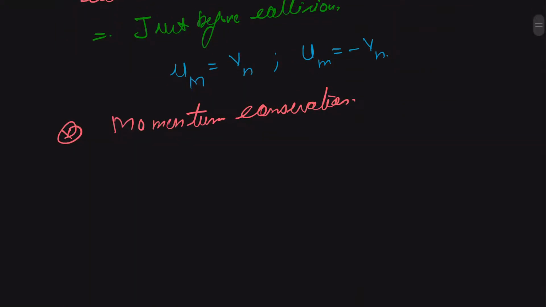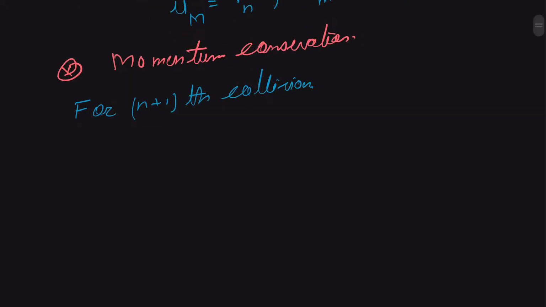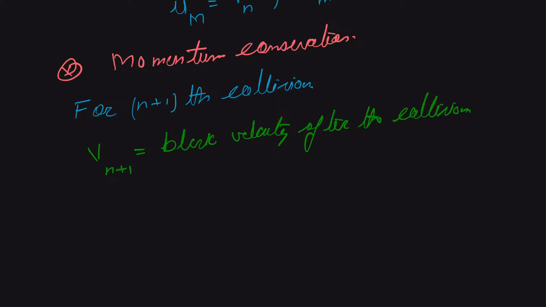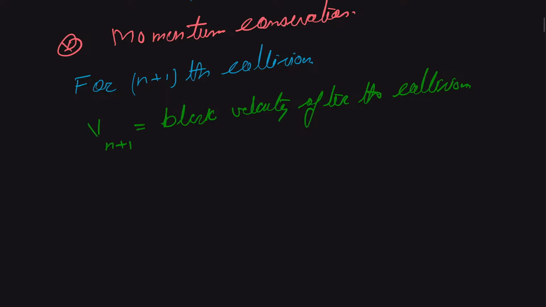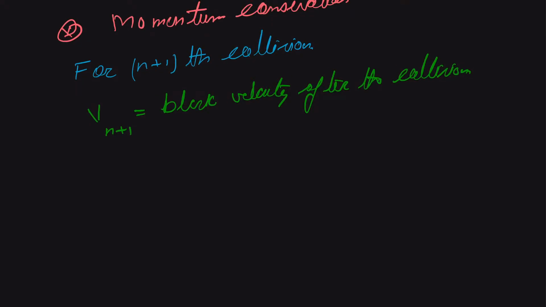So for the n plus 1th collision, let us assume that v of n plus 1 is the block velocity after the collision, and we know that the ball is going to reverse its direction in the collision, so we can easily find out its change in the velocity.